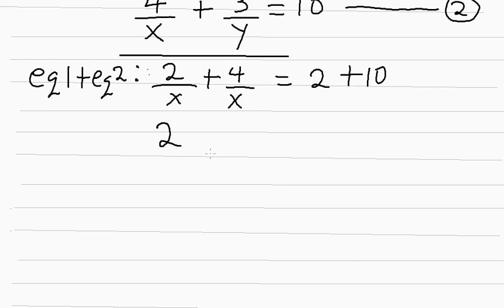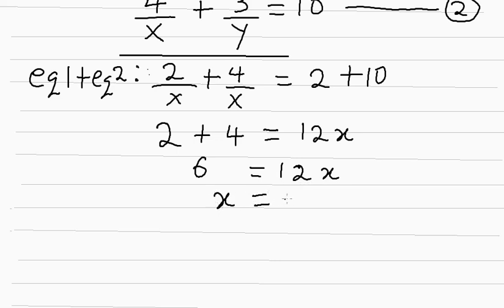If I also multiply this by x, x cancels x, I'm also left with 4. Of course, I'll still multiply the 2 plus 10, which is 12, by x, so I'm going to have 12x. So it's going to be 6 is equal to 12x. Then x is going to be equal to 6 all over 12, which of course is 1 all over 2.